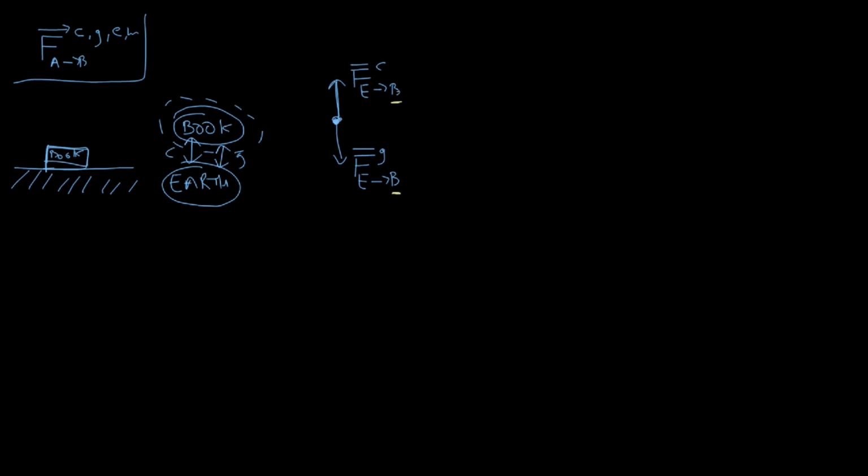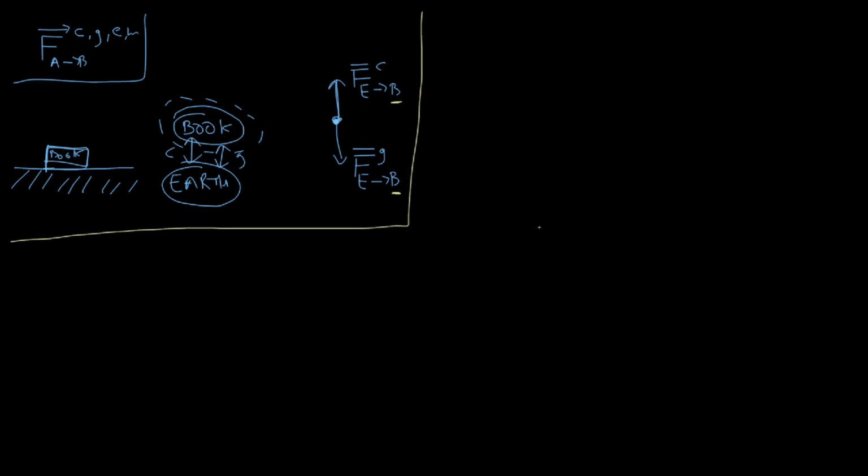If you had a different letter here and here, then something is wrong with your force diagram. The book is your system, so all forces that you have acting on the book should have this letter. So this should always be for the force diagram of the book. Okay, now we can do some more examples.